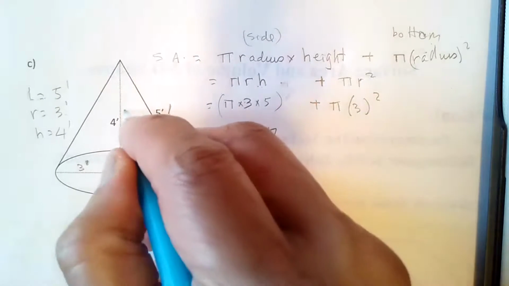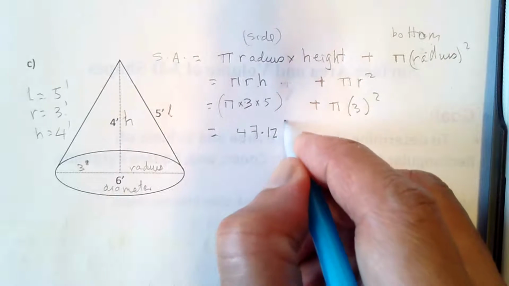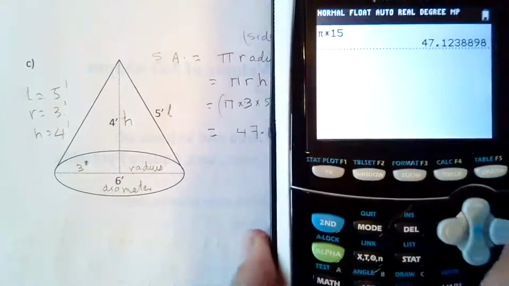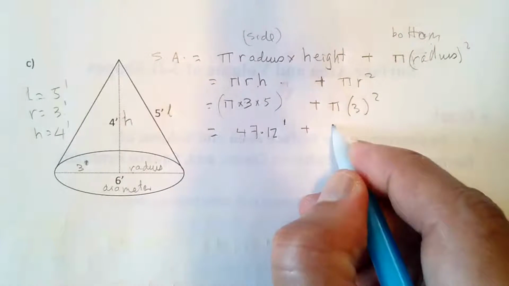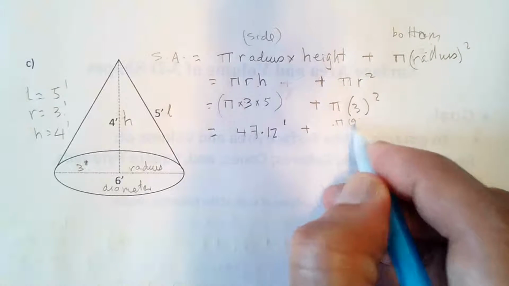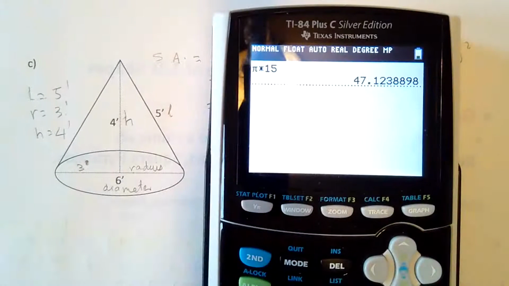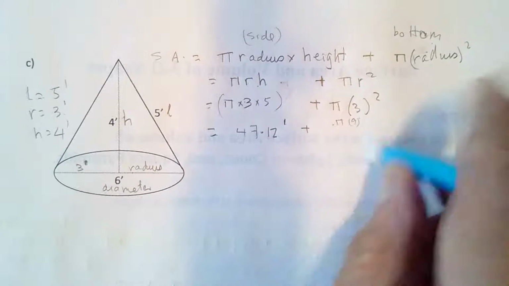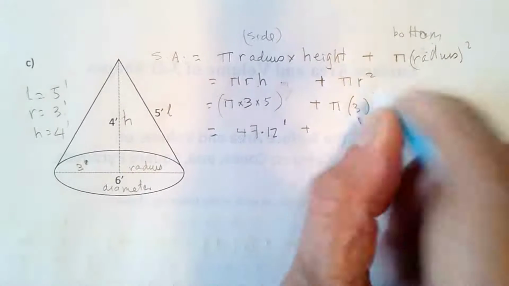That's in square feet, plus pi times 3 to the power 2, which is basically pi times 9. So that gives me 28.27. So I'll remove this from here.